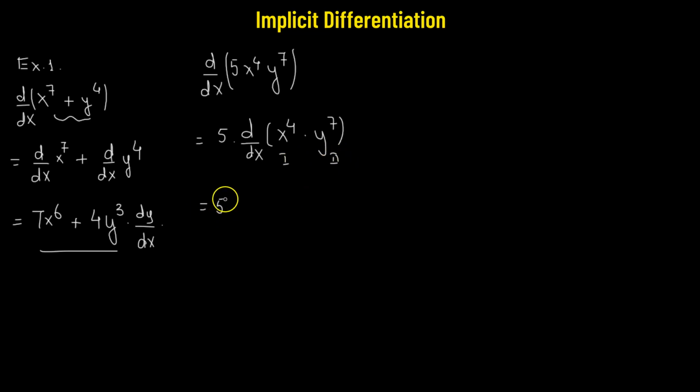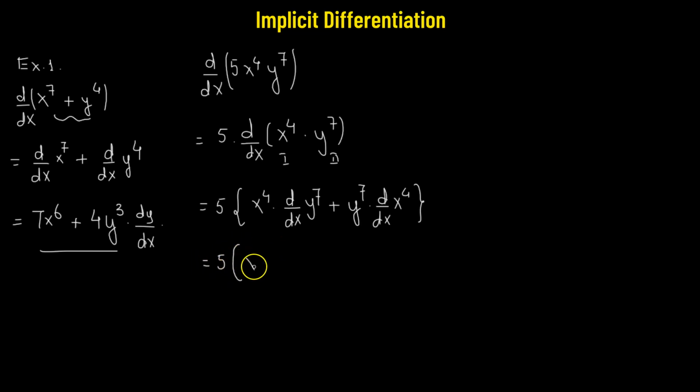So this will be equal to 5 times the first function multiplied by the derivative with respect to x of the second function, which is y raised to the power of 7, plus the second function y to the power of 7 times the derivative with respect to x of our first function x to the power of 4. So this will be 5 times x to the power of 4 multiplied by the derivative of y to the power of 7.